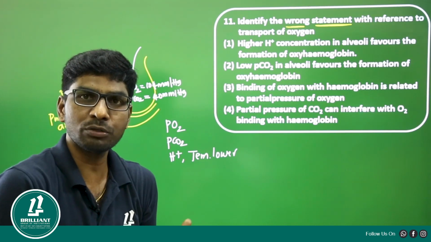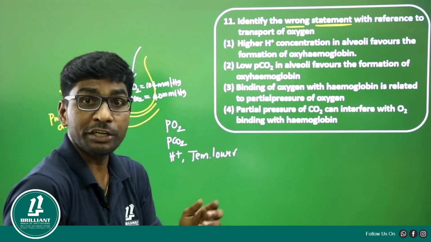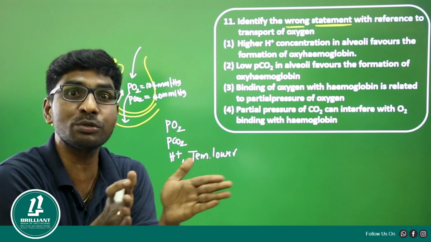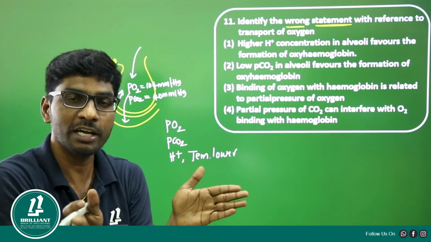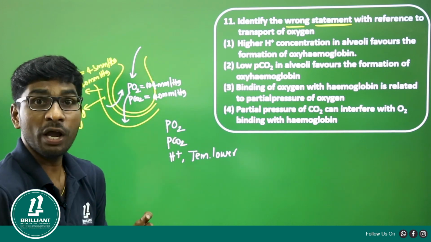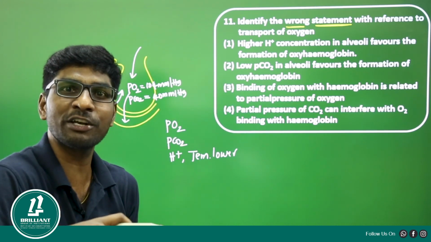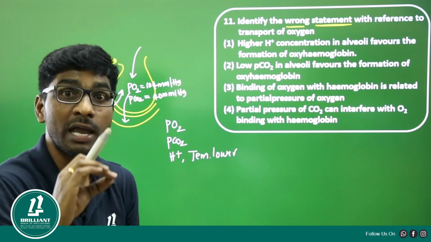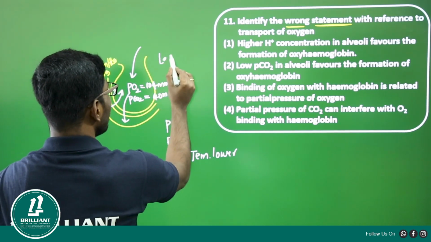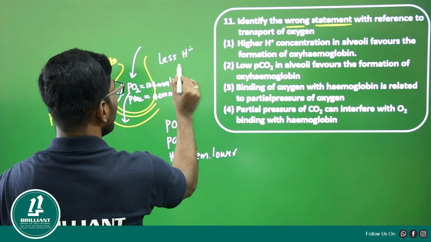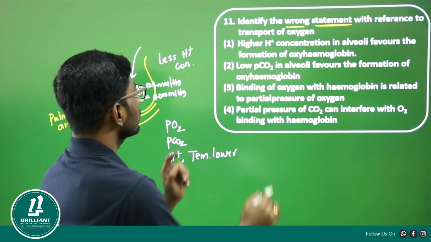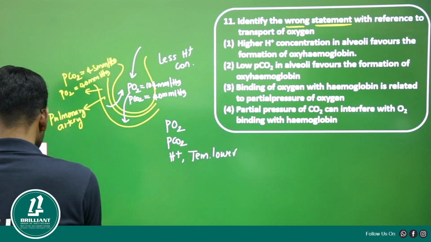So when a higher H plus concentration, oxyhemoglobin dissociation takes place, not formation of oxyhemoglobin. Yes or no? But exactly at the alveoli, there is lesser H plus ion concentration. This is very important, students. H plus ion concentration is less at alveoli. So this statement is looking appropriate, but it is a wrong statement.